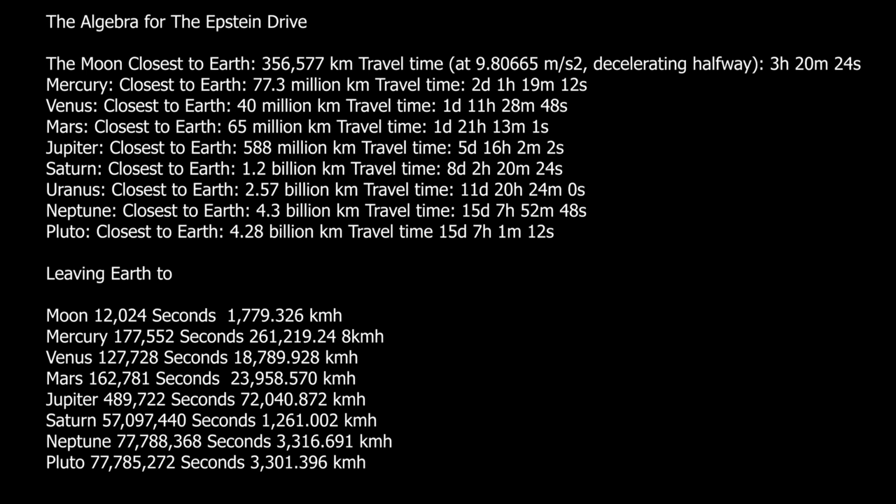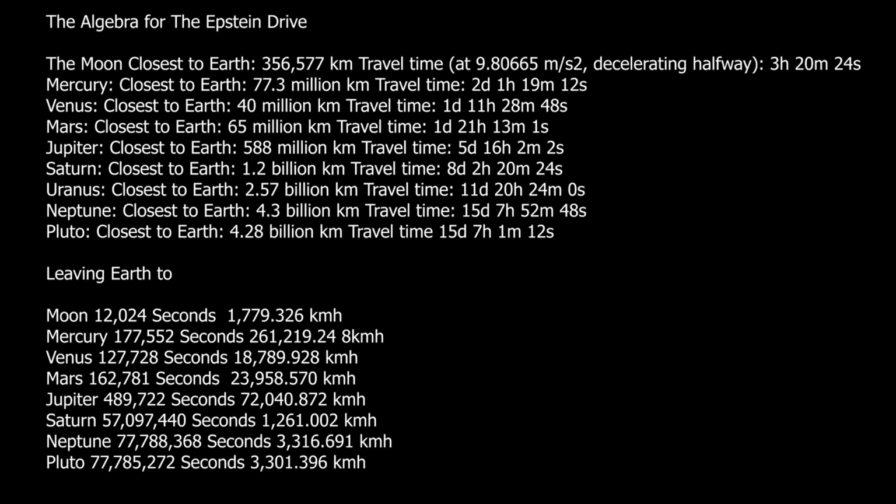Saturn, closest to Earth, 1.2 billion kilometers. Travel time 8 days, 2 hours, 20 minutes, 24 seconds. Uranus, closest to Earth, 2.57 billion kilometers. Travel time 11 days, 20 hours, 24 minutes, 0 seconds.